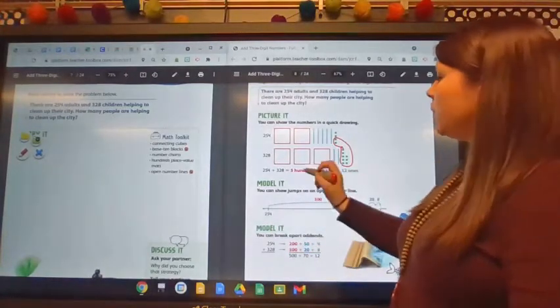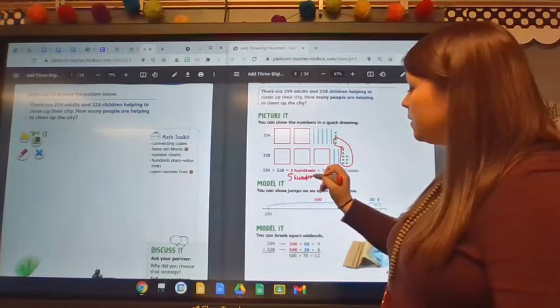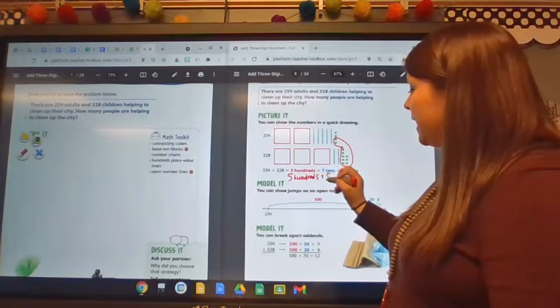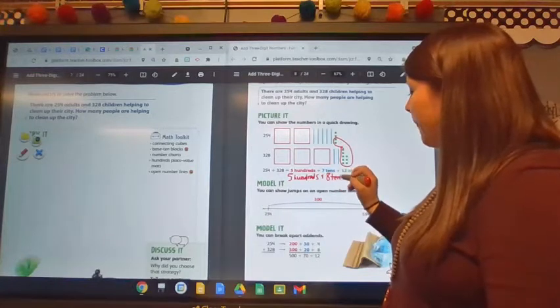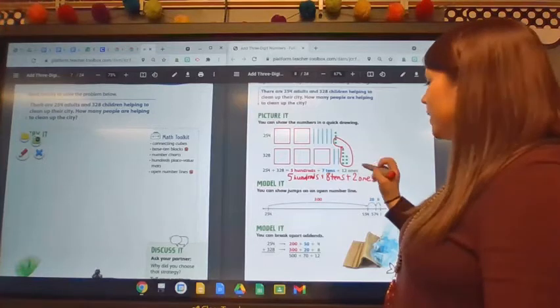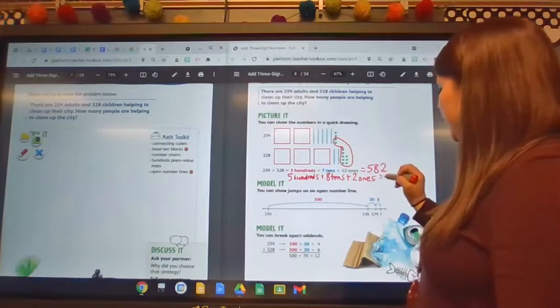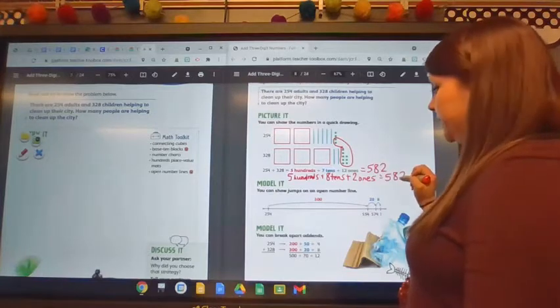So we could also look at this as 5 hundreds plus 8 tens plus 2 ones. We would still get the total of 582 either way that we did it.